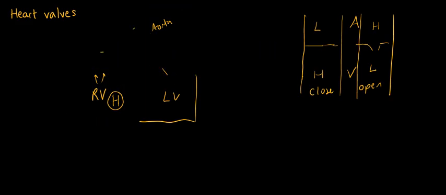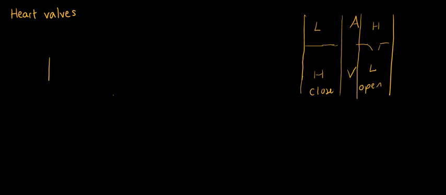Okay, so what I can do then is I can look at a pressure graph here. So this is my pressure in kilopascals, and this is going to be time along here like so.